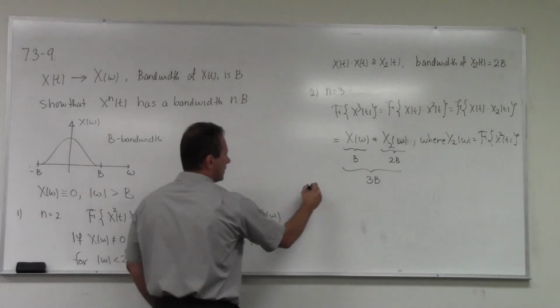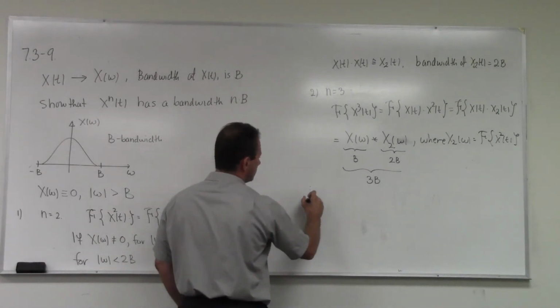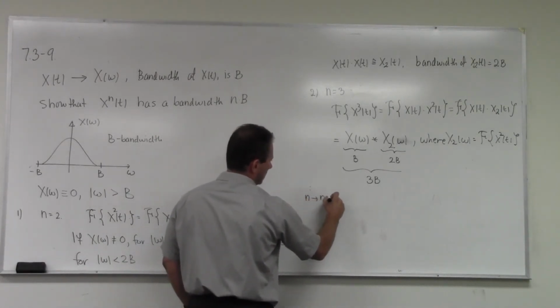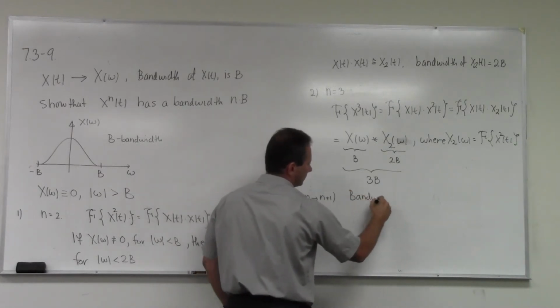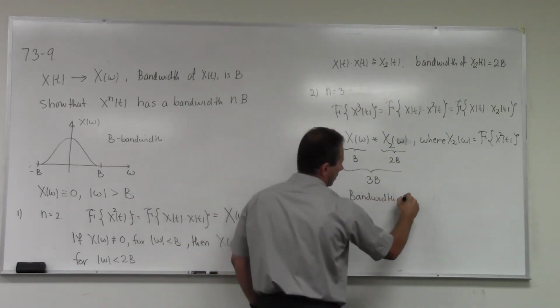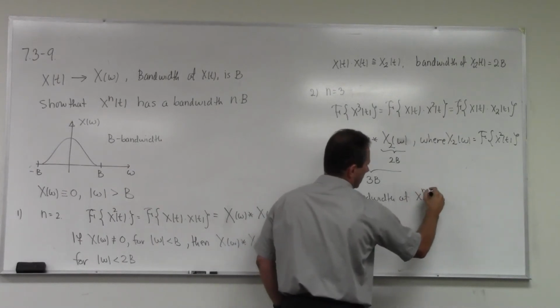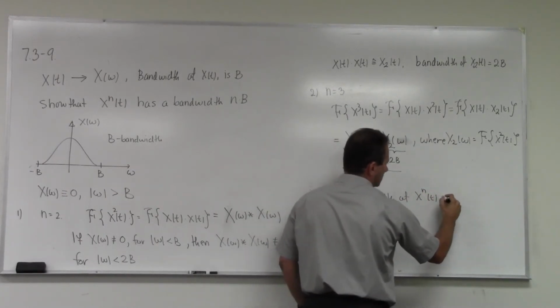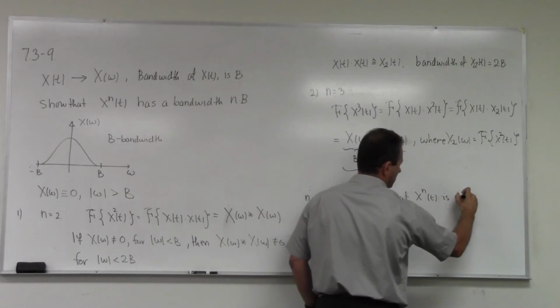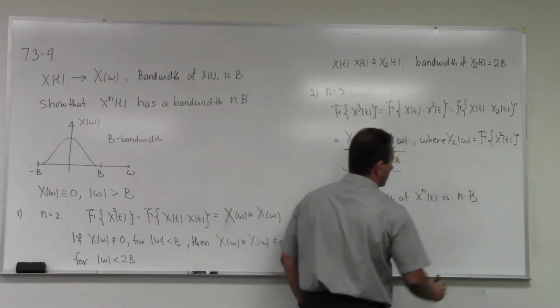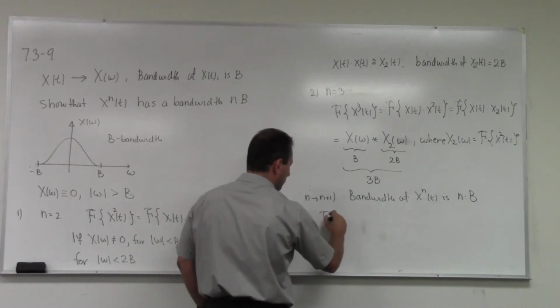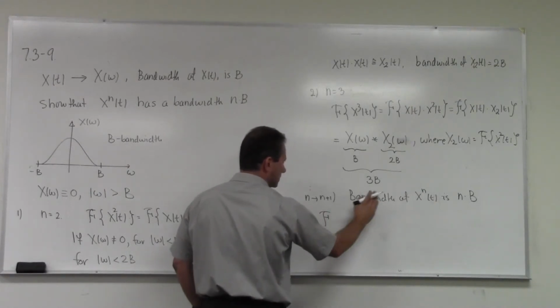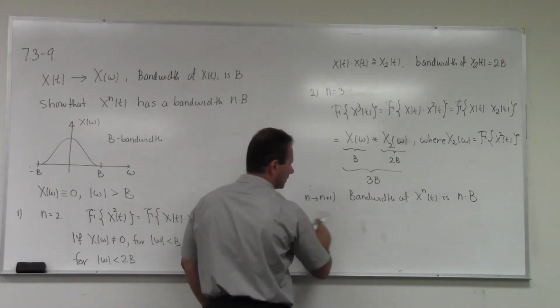And so on. So if I now assume that the bandwidth of x to the n of t is n times b, what is the bandwidth of x to the n plus 1 of t?